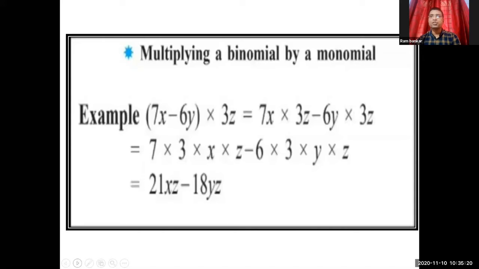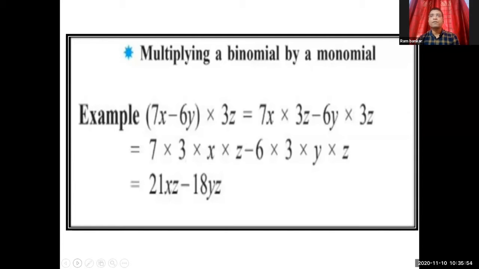Remove the bracket: 7x into 3z minus 6y into 3z. Why is it given this way? Because we have to multiply 3z with not only one term but both the terms, 7x and also 6y. So 7x into 3z minus 6y into 3z.